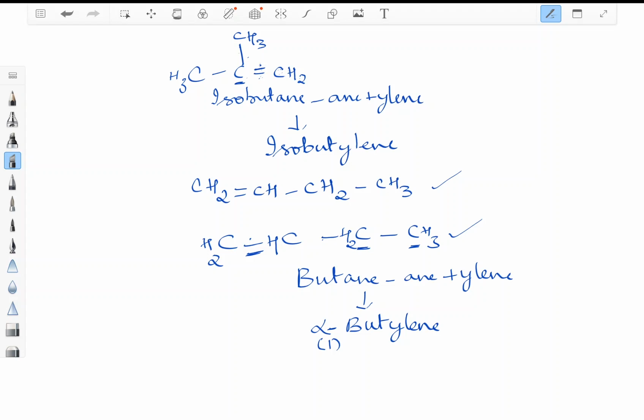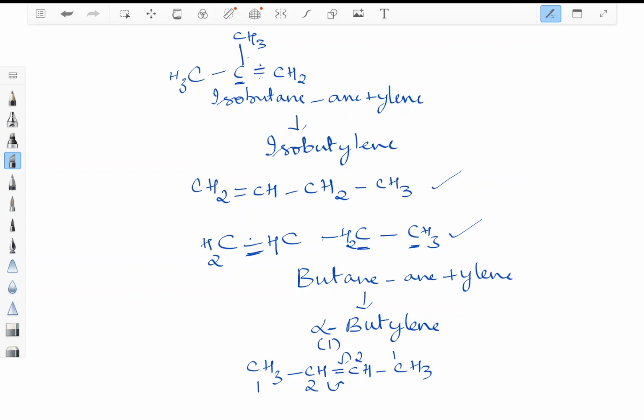In the same way, if I have another structure, that is CH3, CH double bond CH, single bond CH3. Because the double bond is at the second position, whether I number from here or from here it is second position.